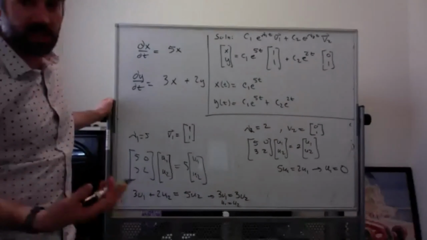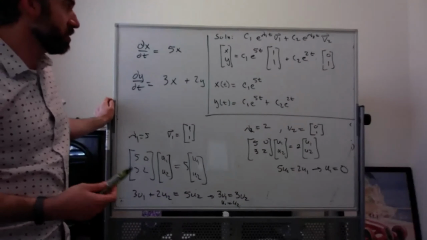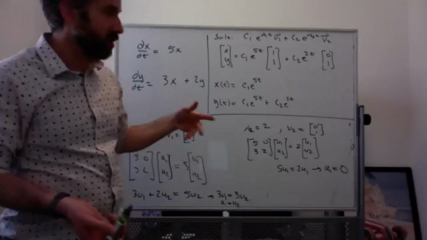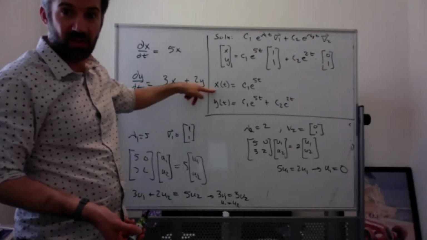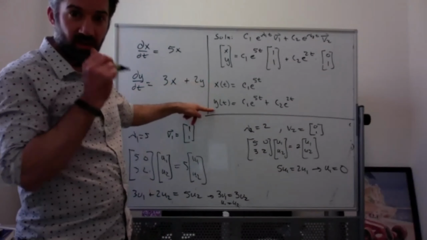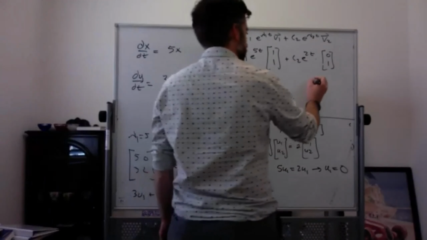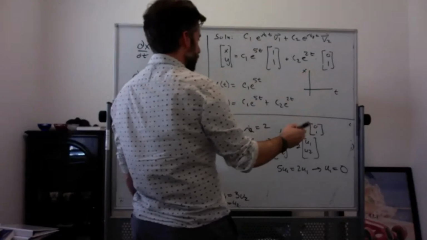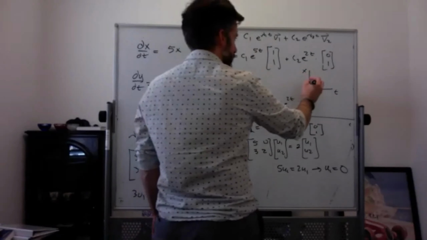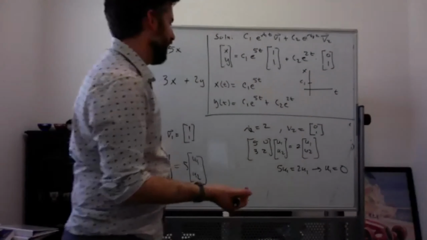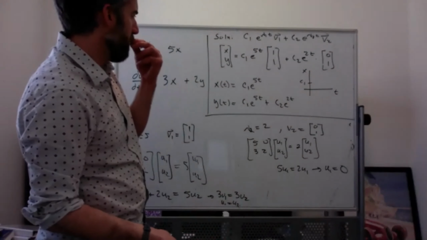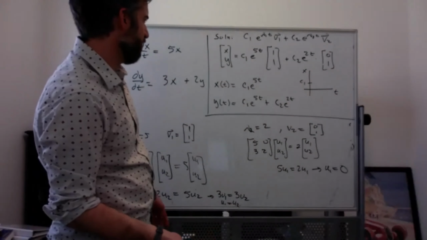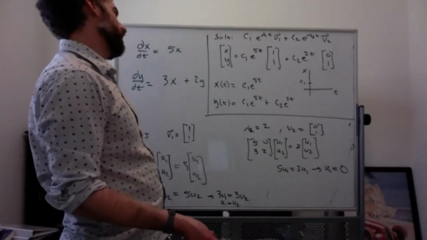And here's the idea. The reason these solutions are unstable, because their eigenvalues are positive, is that as t gets larger and larger, x is going to get larger and larger, and y is going to get larger and larger. If you think about the graph of x versus time, you're starting at some initial value like C1. Could C1 be negative?